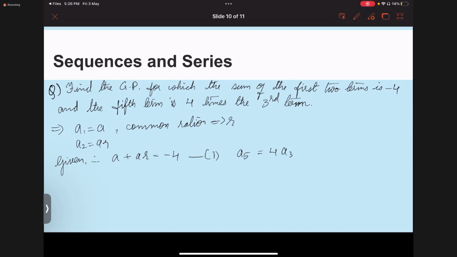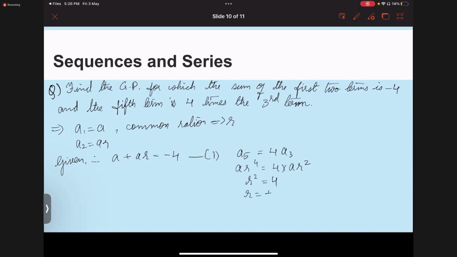Now A5 you can write in terms of your A and R, A R raised to n minus 1. So A R to the power 4 is going to be 4 times A R squared. Okay, so you can simplify this further and then you will get your value for R. Okay, so A gets cancelled and you will have R squared is equal to 4.